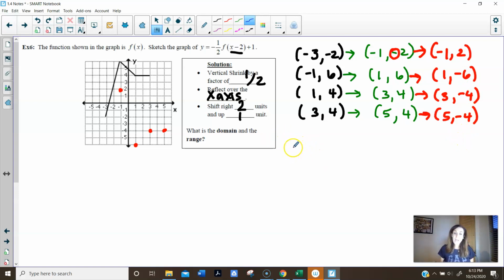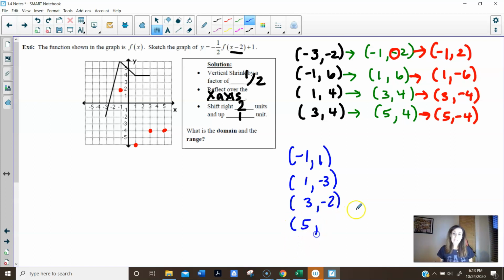So now I am looking at -1 and half of 2 is 1. 1 and half of -6 is -3. 3 and half of -4 is -2. And then 5 and half of -4 is -2.